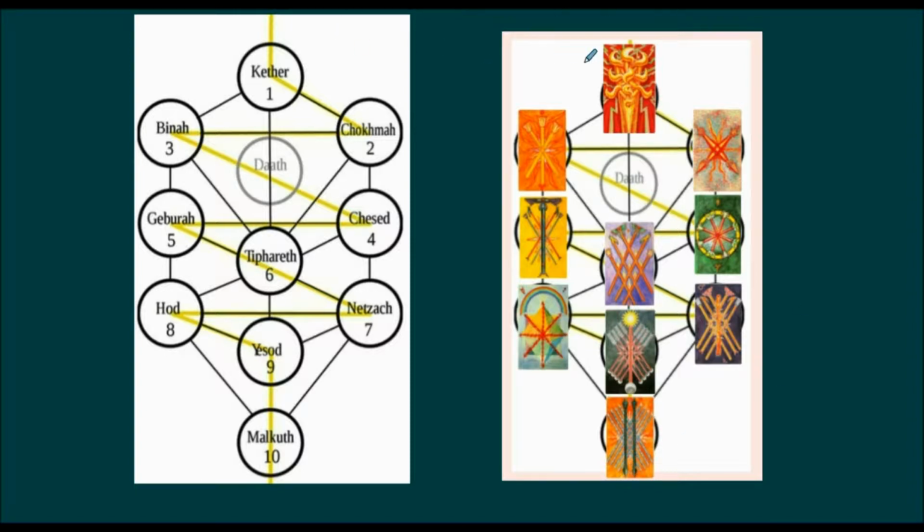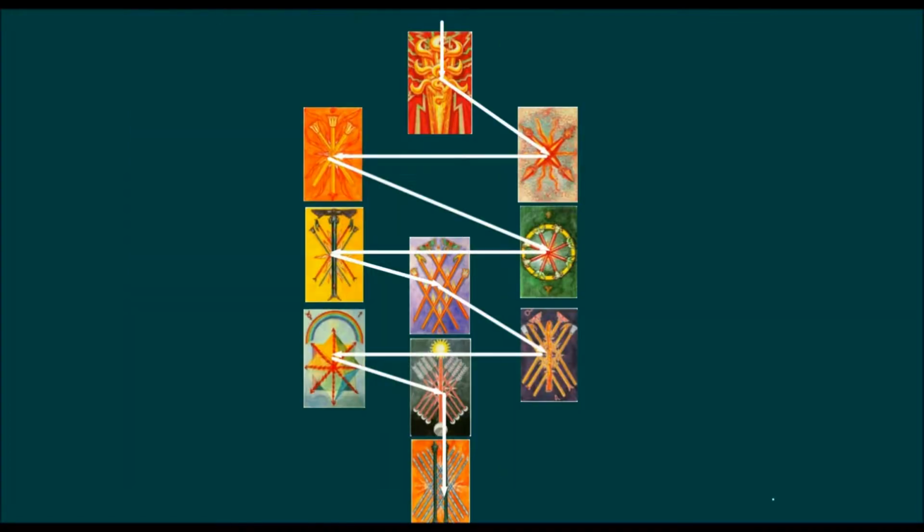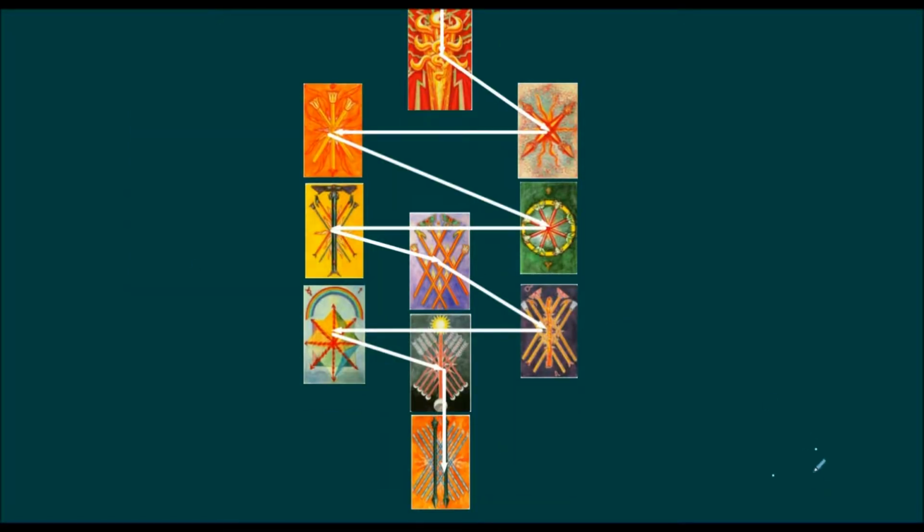So what I've done is just transposed the 10 of the minor arcana from the Wands suit in their relative positions. So the Ace would be here, the 2 here, the 3, 4, 5 and so on. So here we have it. I thought it may be useful just for you to see the cards themselves without all the background going on.